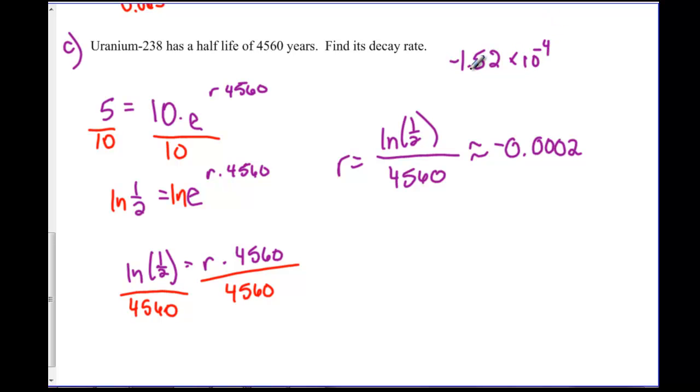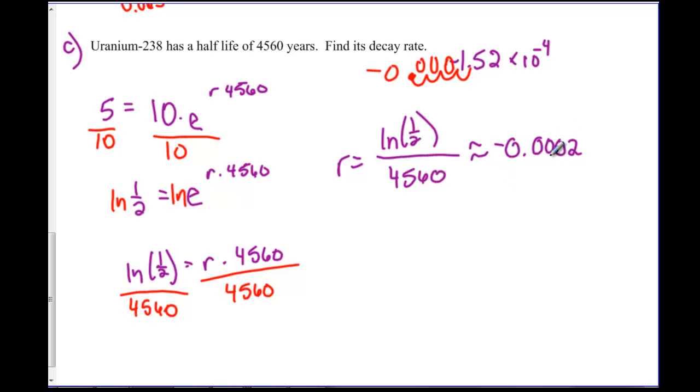So your negative 4 means 1, 2, 3, 4, and then fill in those circles. So a negative 0.00015, so I'm going to round it. Is that okay? Did we expect to get a negative rate? Yeah, it's decaying. We expected a negative rate, so that's good.